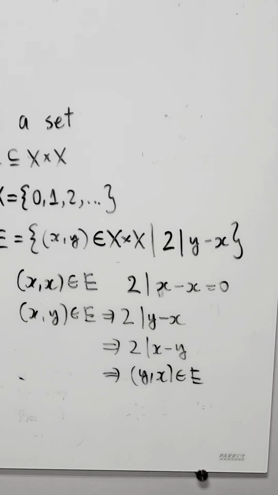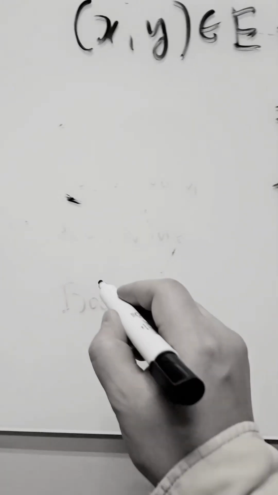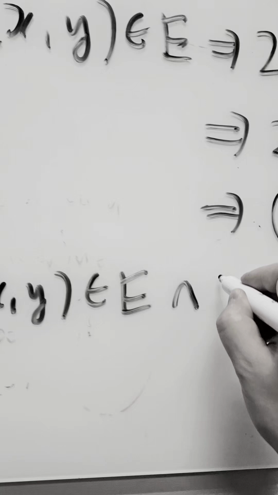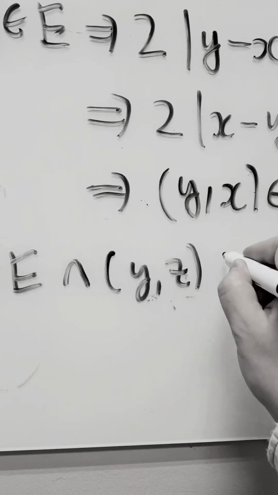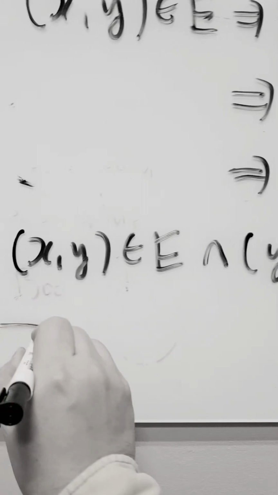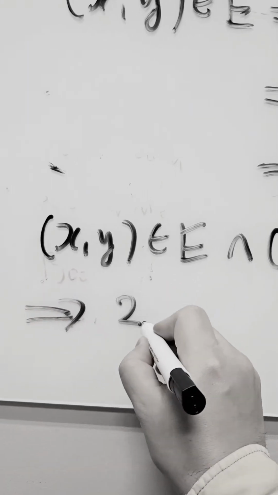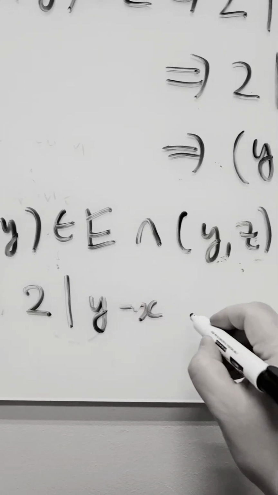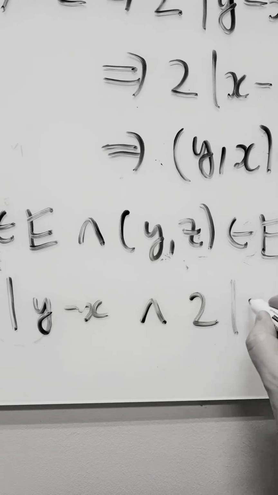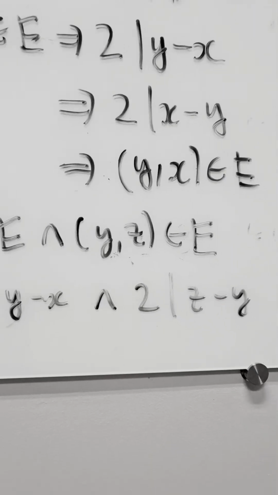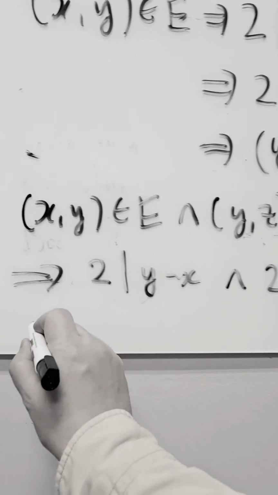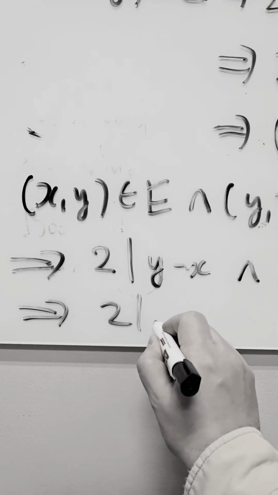What about transitivity? Well, if X, Y is in E and Y, Z is in E, this implies that 2 divides Y minus X as well as Z minus Y. If 2 divides both of these numbers, then 2 will also divide their sum.